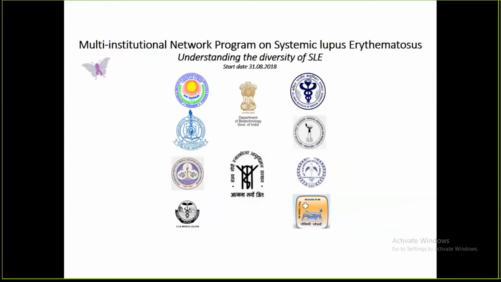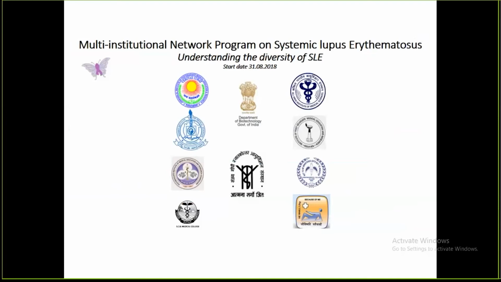Coming to the third study, this is again a cohort study in an autoimmune disorder, systemic lupus erythematosus, commissioned by DBT in September 2018. This has 9 participating institutions, with SGPGIMS, Sanjay Gandhi Postgraduate Institute of Medical Sciences, Lucknow being the coordinating center.